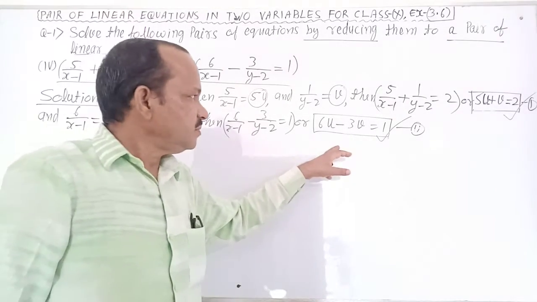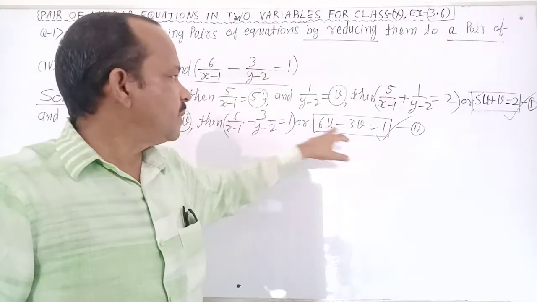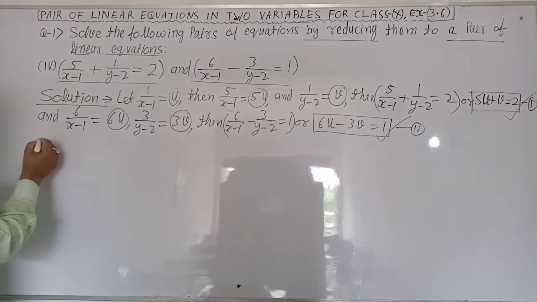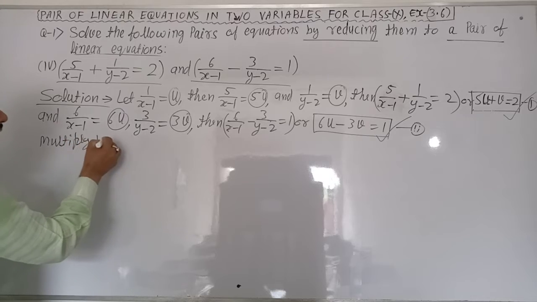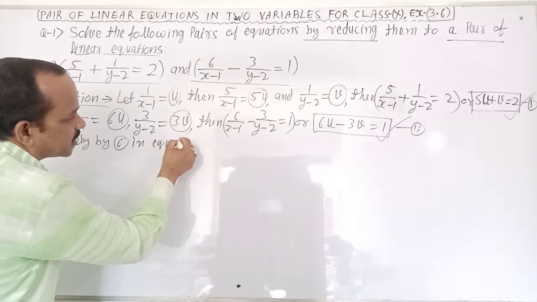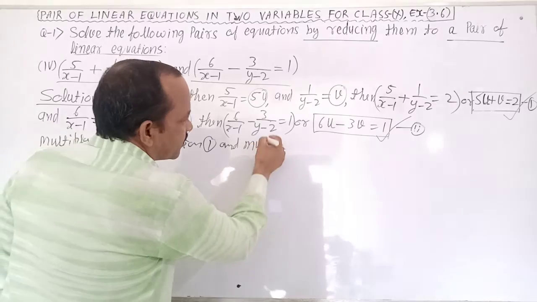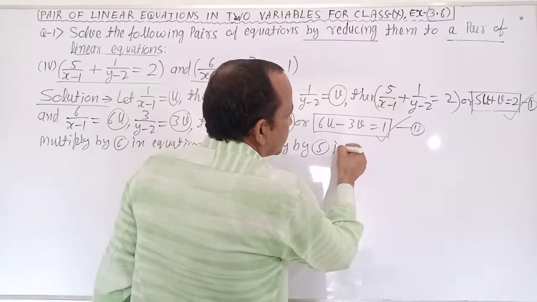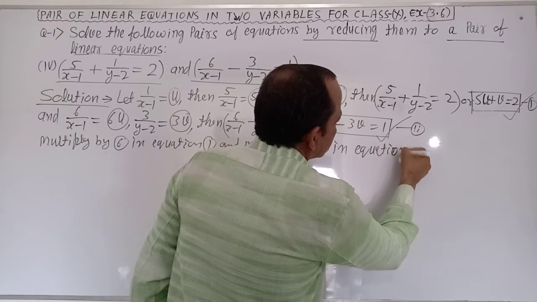Now multiply by 6 in equation first and multiply by 5 in equation second.